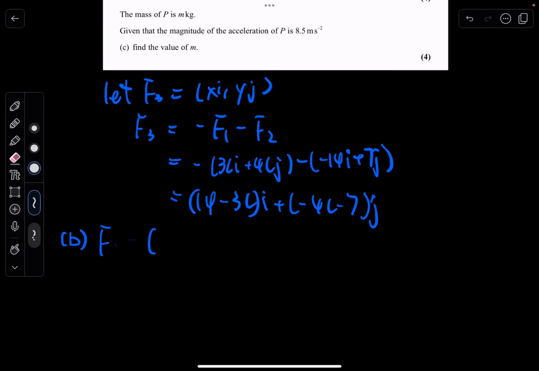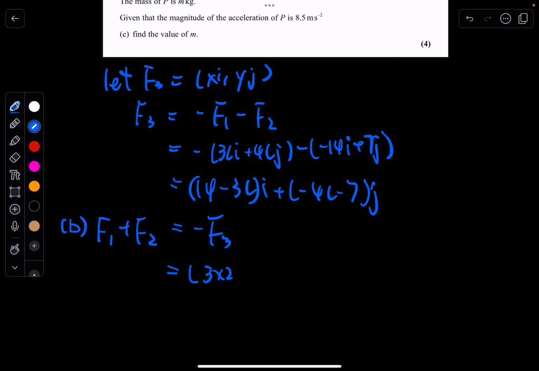That means F1 plus F2 equals negative F3 here, so let's just copy that. So it's 3 times 2 minus 14i plus 7 plus 8j, which is negative 8i plus 15j. And how do we find the angle between all that?